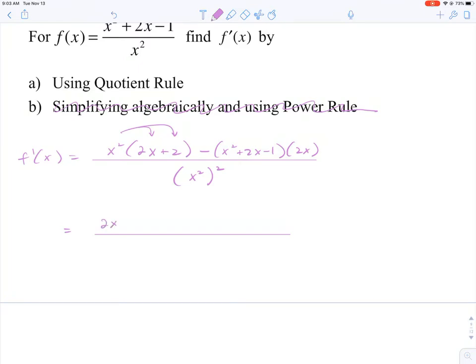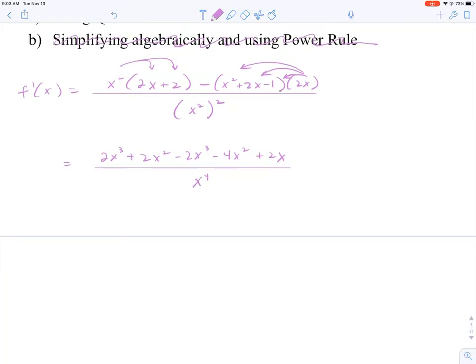So we'll have 2x cubed plus 2x squared. And then when I distribute the 2x, that'll be minus 2x cubed minus 4x squared plus 2x all over x to the 4th.